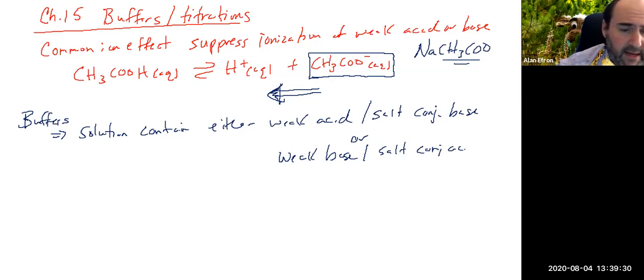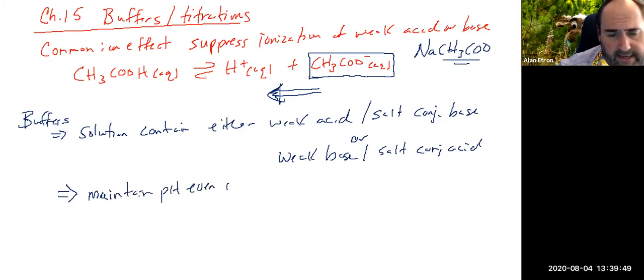Remember that when you have a buffer, both of those things are in the buffered solution to begin with. That's why they're able to do what they do, which is maintain their pH even when acid or base is added to them.